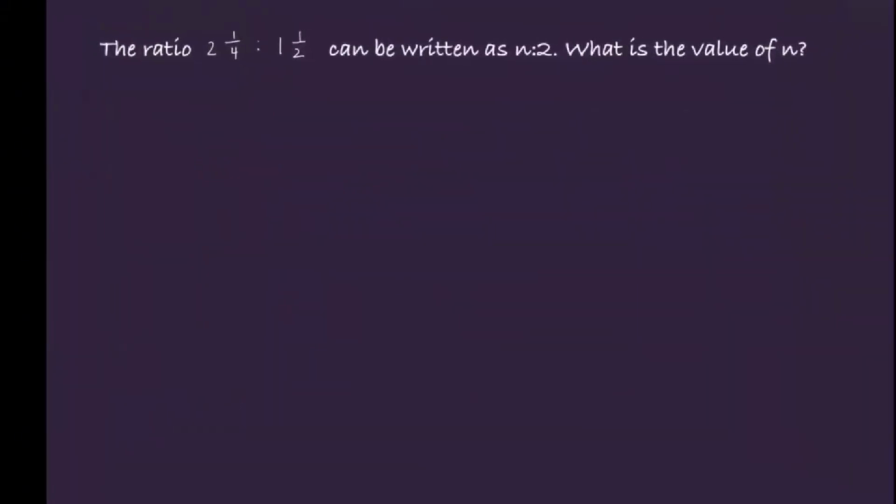Pause the video and try this one on your own. The ratio 2 1/4 to 1 1/2 can be written as n to 2. What is the value of n? So we have 2 1/4 to 1 1/2, and we want to convert this into n to 2.